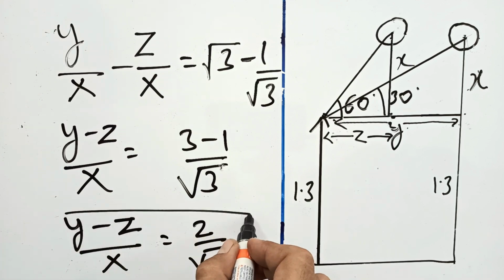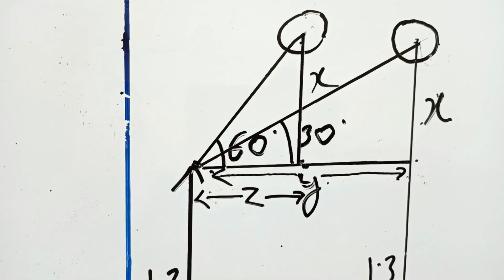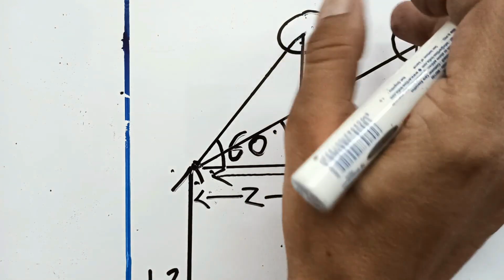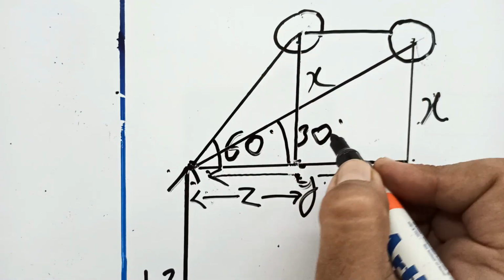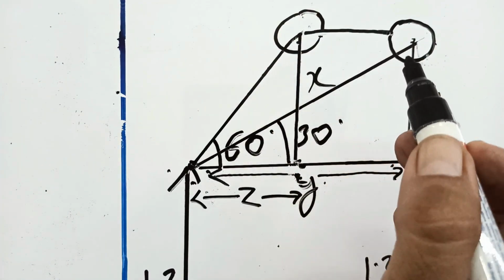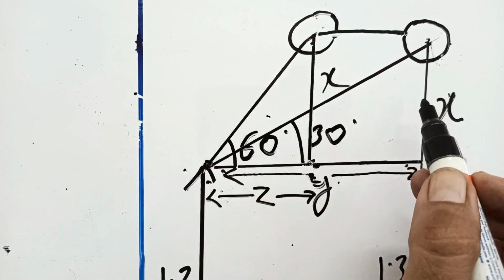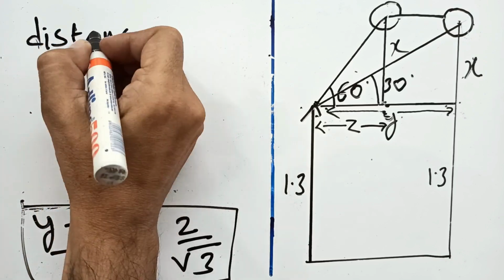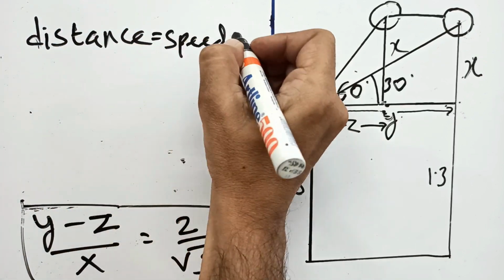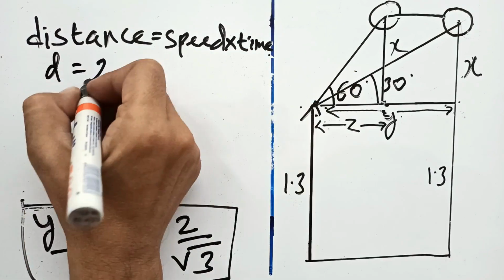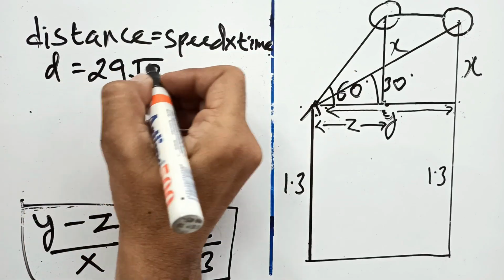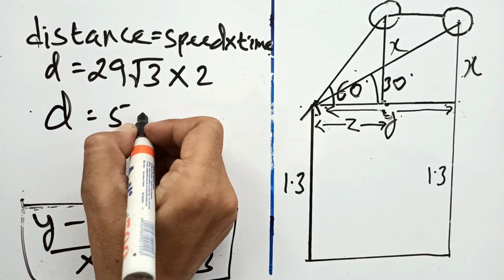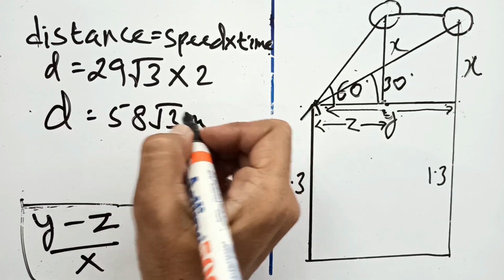Now let us focus on the diagram. Y minus z, this portion means this distance. We can find this distance using the physics concept, distance is equal to speed into time. Speed is given in the question as 29 root 3 and time is 2 seconds, so the distance will be 58 root 3 meters.